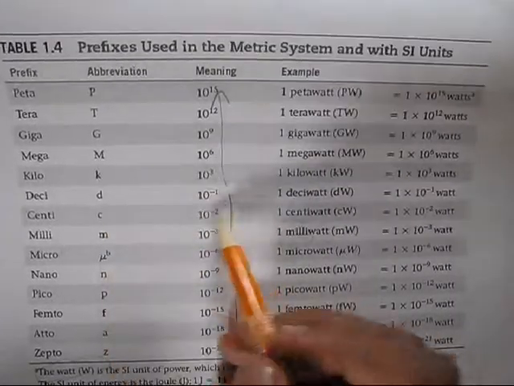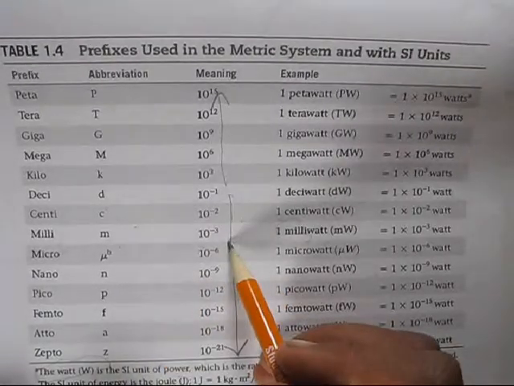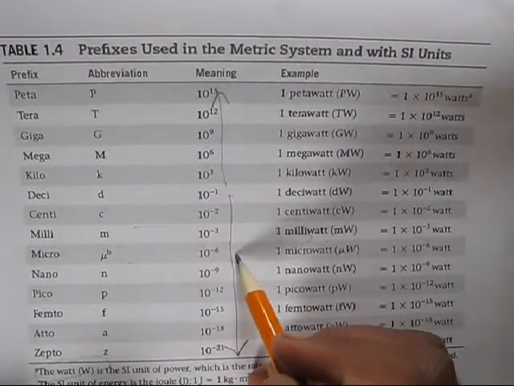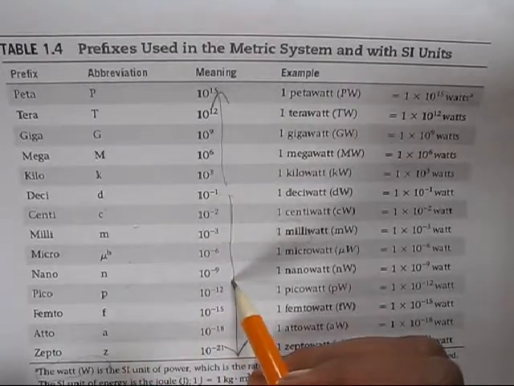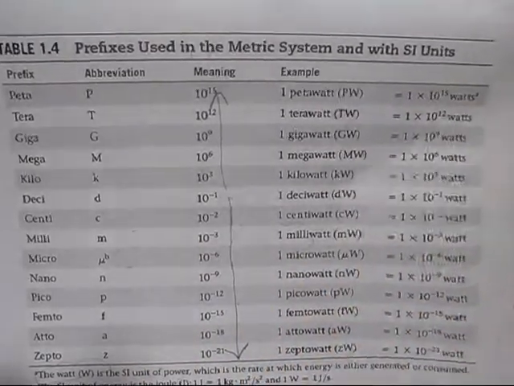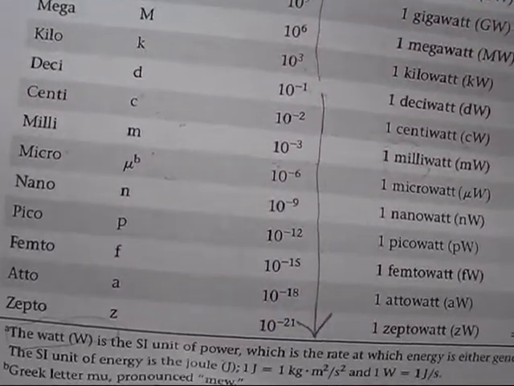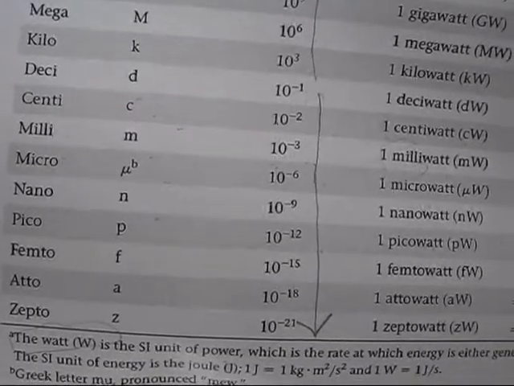So deci, centi is 10 to the power minus 2, milli is 10 to the power minus 3, micro is 10 to the power minus 6, nano is minus 9, pico is minus 12, and then femto is 10 to the power minus 15, atto, and zepto.